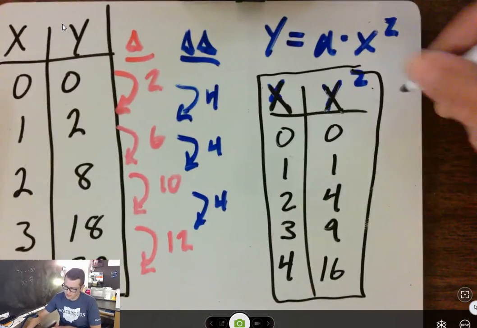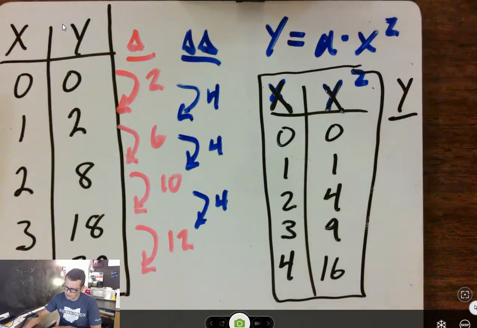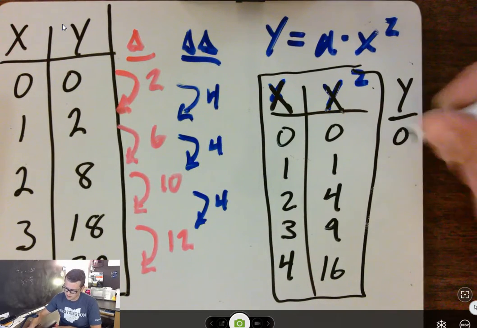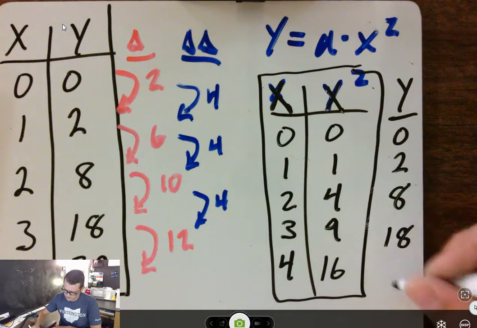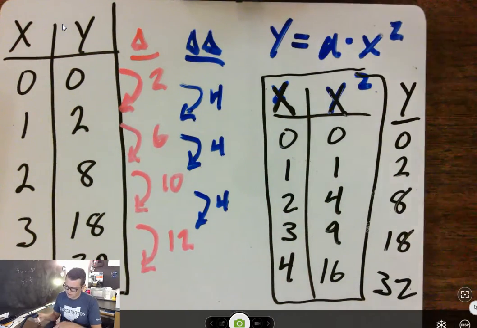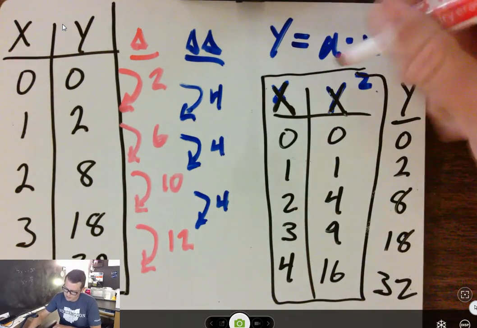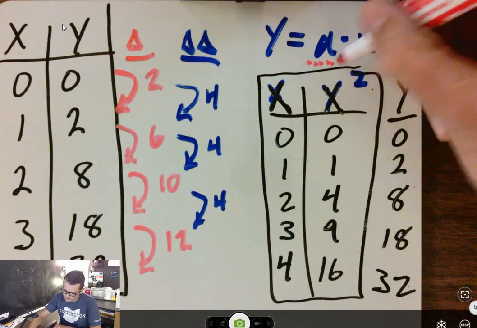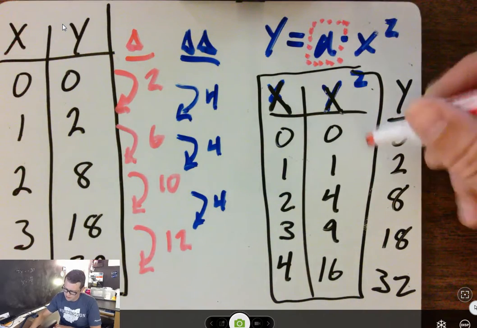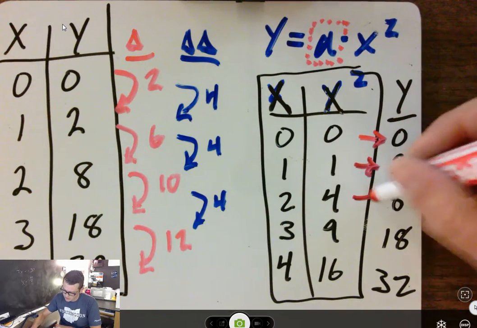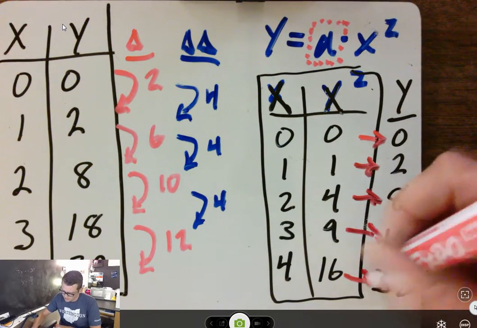Now what we're trying to get to, the y's that we have in this situation, are 0, 2, 8, 18, and 32. So what we want to ask ourselves, that really comes down to where this a factors in, is what else needs to happen to get me from the x squared to the values that I want.